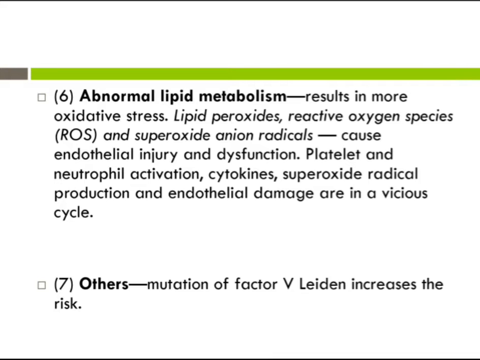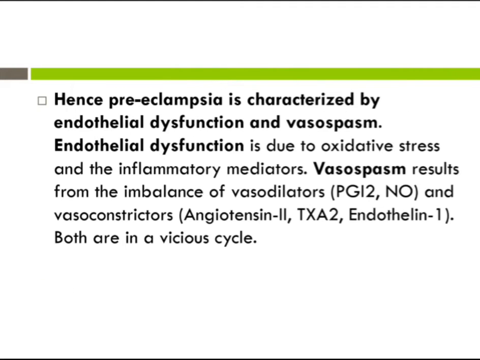Lipid peroxide, reactive oxygen species, and superoxide anion radicals cause endothelial injury and dysfunction. Platelet and neutrophil activation, cytokine, superoxide radical production, and endothelial damage are in a vicious cycle. 7. Others, such as mutation of factor V Leiden, increase the risk.